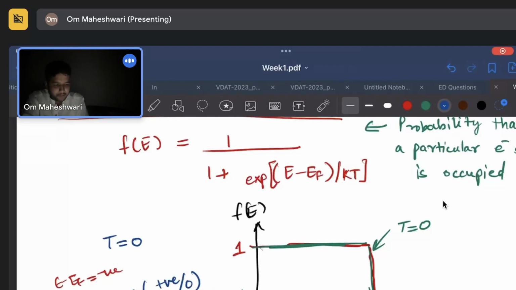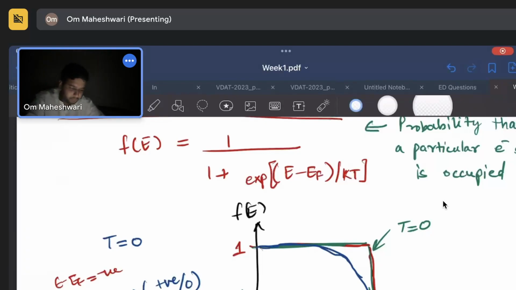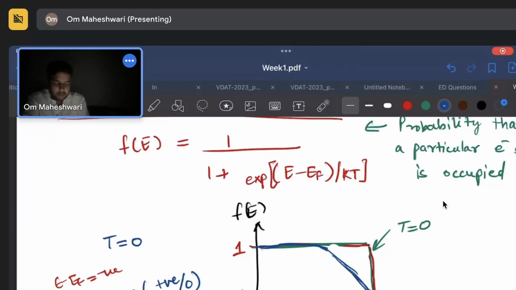Now when we increase temperature, what happens is we get this, right? T greater than 0. So as temperature increases, there is more and more probability that as we go E greater than EF, we can still find electrons.